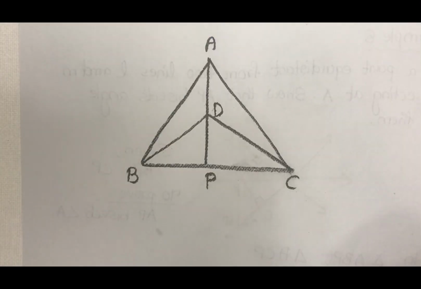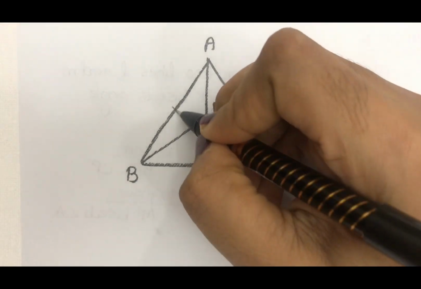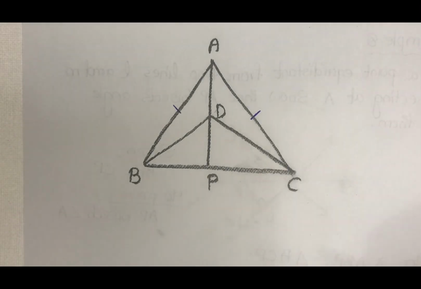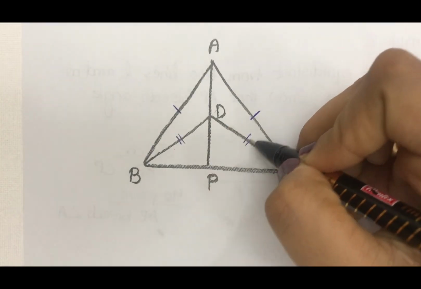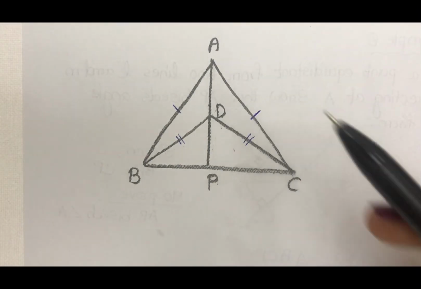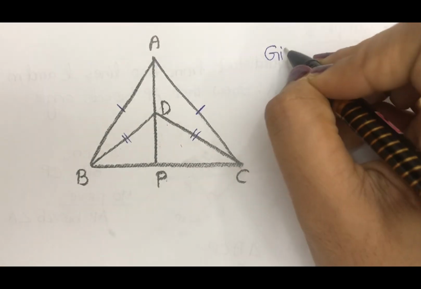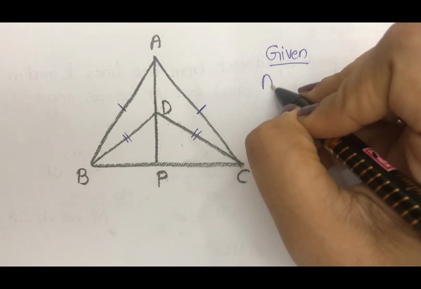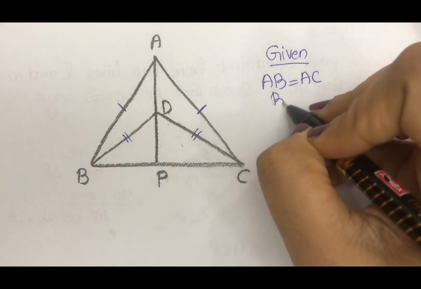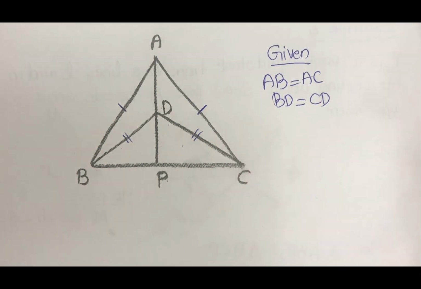So this is our question: ABC is an isosceles triangle, so these sides will be equal, and DBC is also an isosceles triangle, so these two sides will be equal. Okay, and AD is extended, and the first one we have to prove. So what is given, we will write first. Given AB equal to AC, BD equal to CD.